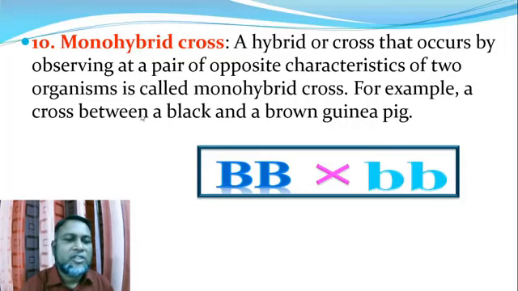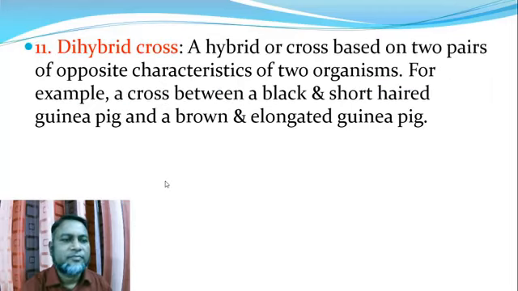Capital B means black hair. Small b means brown hair. When we emphasize only one pair of characters, black and brown hair, this is called a monohybrid cross.